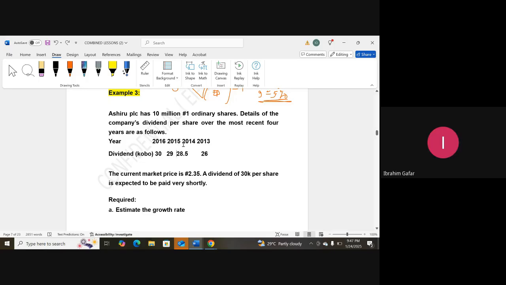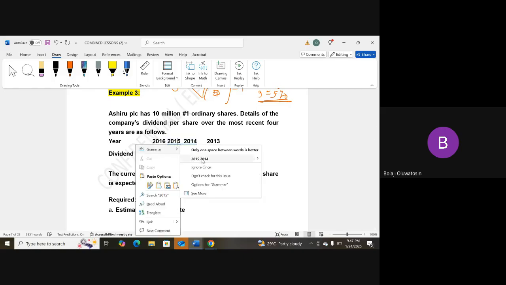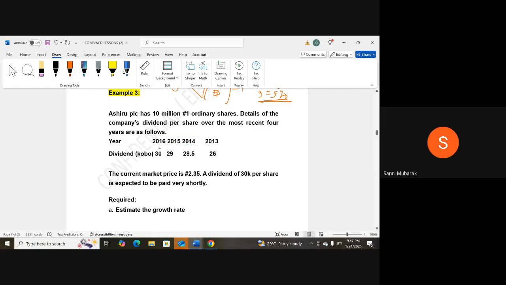Another person should also read it, maybe a lady. Ashiru PLC has 10 million ordinary shares. Details of the company's dividend per share over the most recent 4 years are as follows: year 2016, 30 kobo; 2015, 29 kobo; 2014, 28.5 kobo; 2013, 26 kobo.